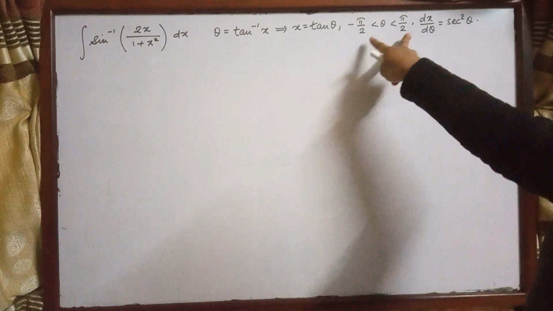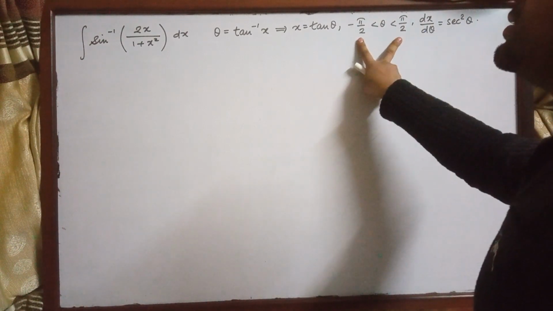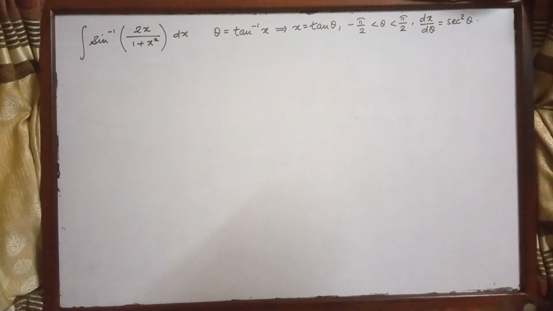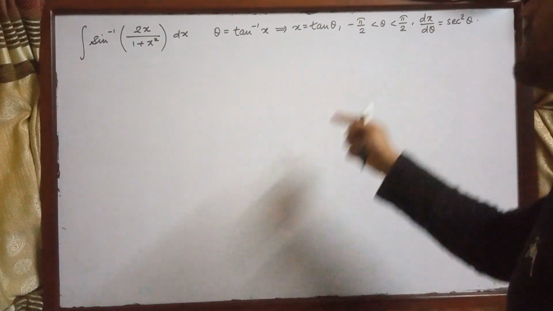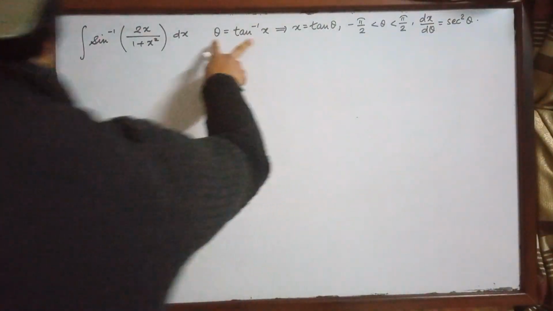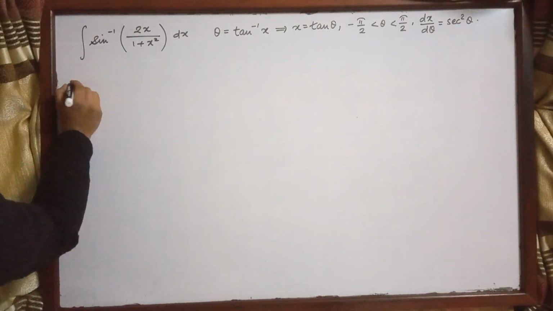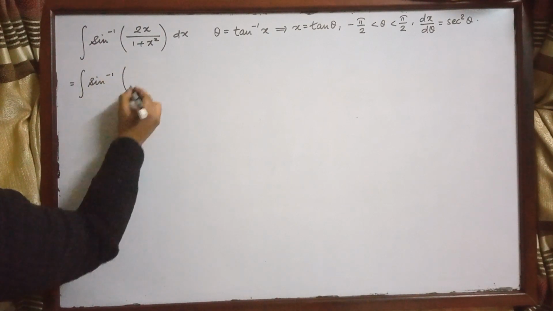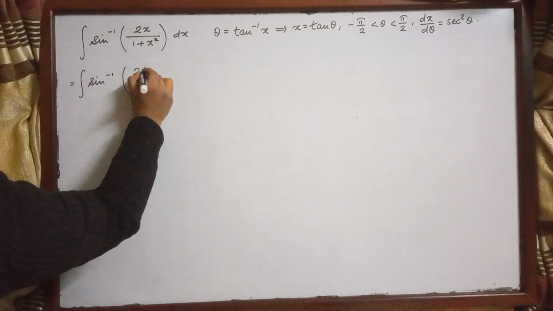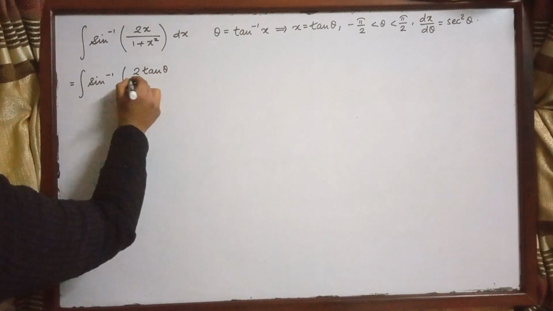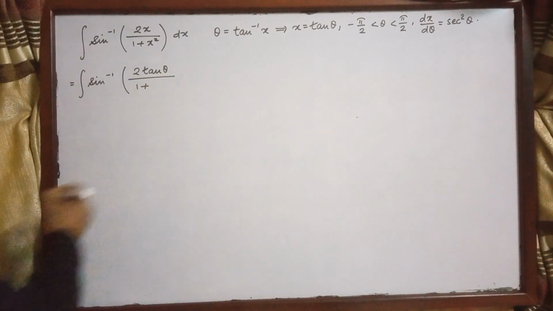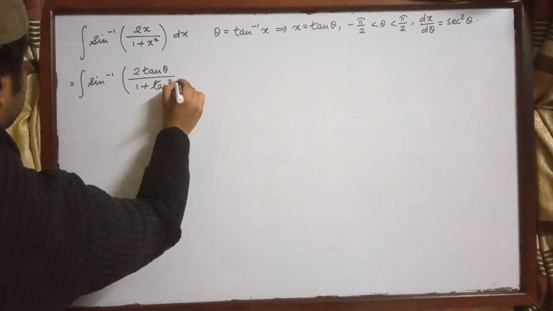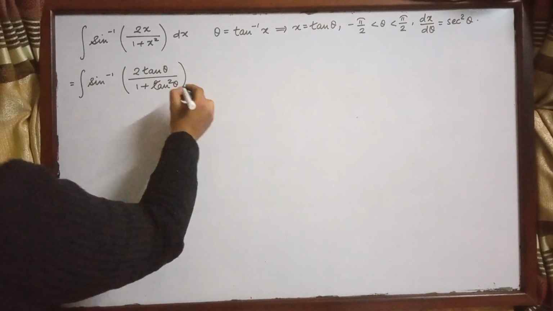Now this will create a lot of problems as we shall proceed, but for now let's use this substitution and obtain this integral as sine inverse of 2 tan theta over 1 plus x, which is again tan theta, so tan squared theta.